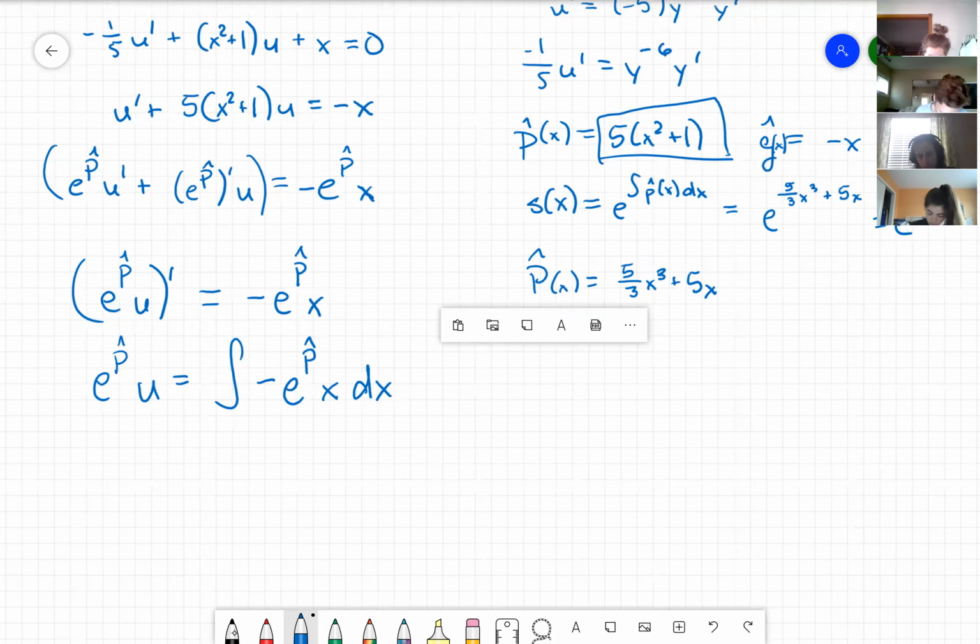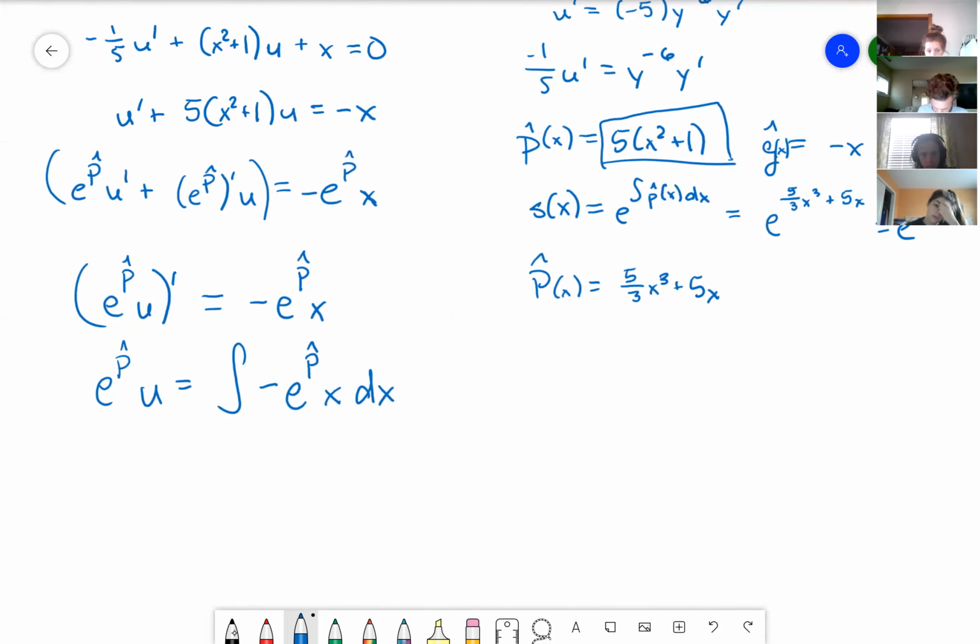Hopefully everything's still okay. And let's see, can we figure out what this integral is? So this should be the integral, we'll move the minus, e to the 5/3 x cubed plus 5x, times x dx.